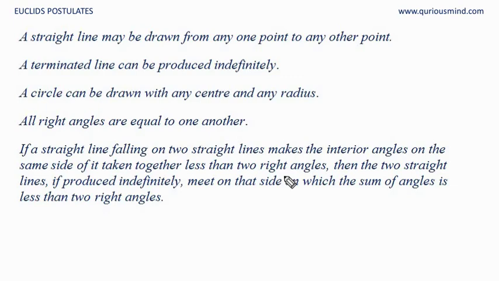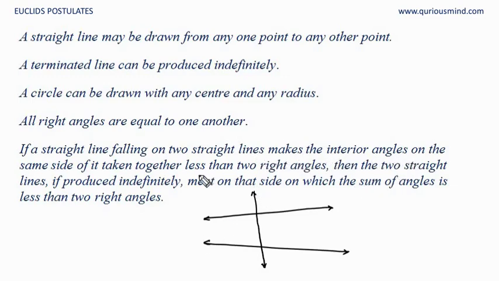Then the two straight lines, if produced indefinitely, meet on the side on which the sum of angles is less than two right angles. So let's see here. What it says is, if we have two lines and a straight line falling on these two straight lines, we indicate with arrows that these are lines.